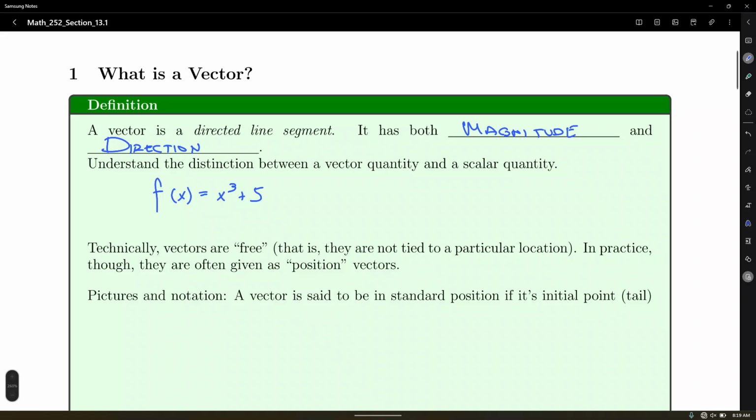We need extra information about that quantity, because suppose I am at a given point here. So 5 meters in that direction is not the same as 5 meters in that direction. I would end up with two different positions. So here is where the vector quantity comes into play, where the direction comes into play.